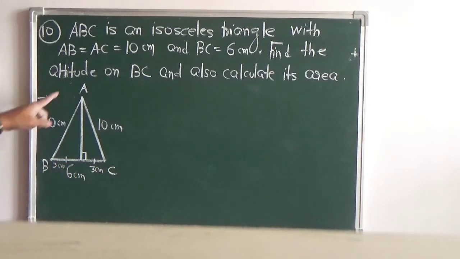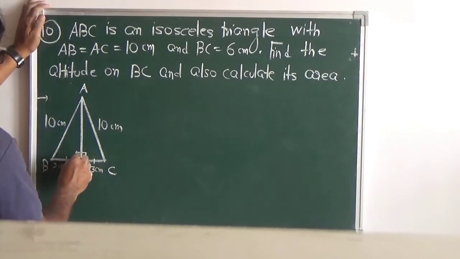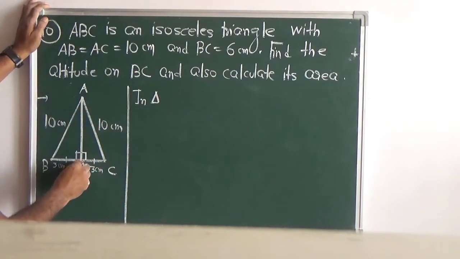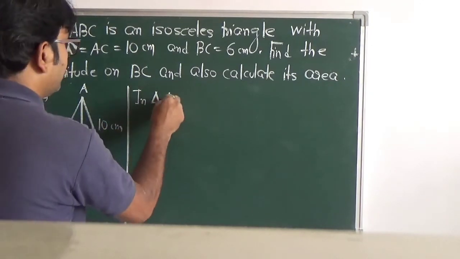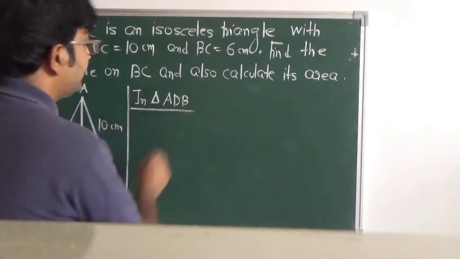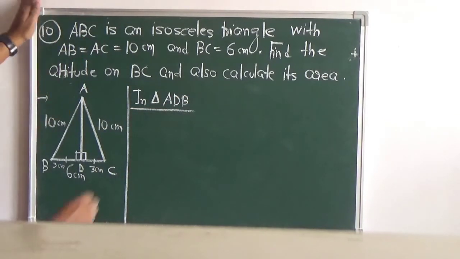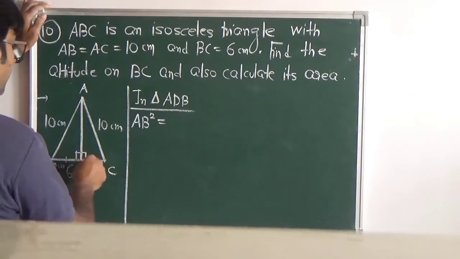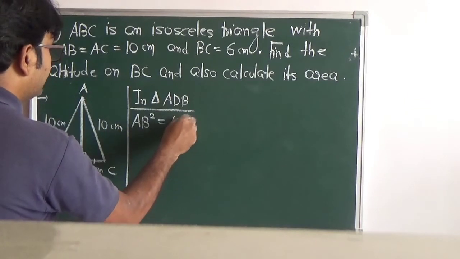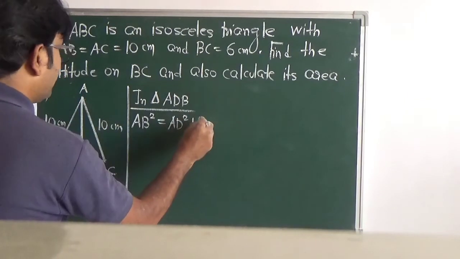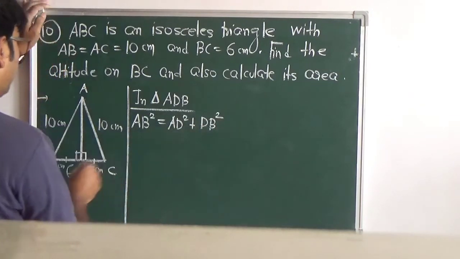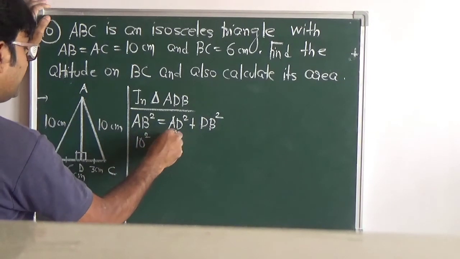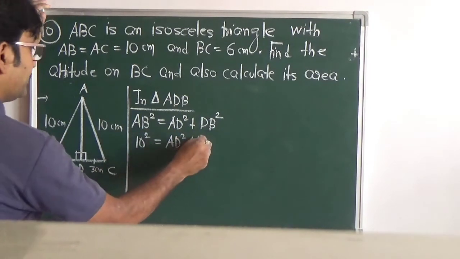So if you now consider any one of these triangles, let us take triangle ADB, and we apply the Pythagoras theorem here. We have AB square is equal to AD square plus DB square. Now what is AB? 10 square equals AD square, which you have to find, plus 3 square.